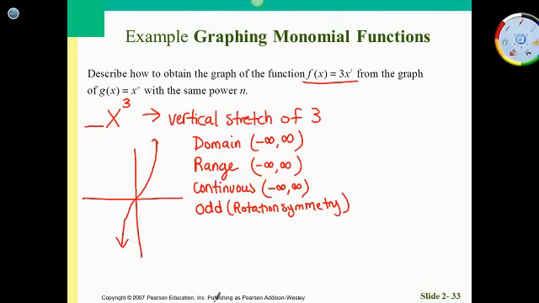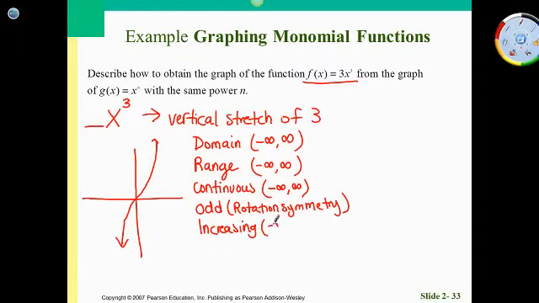Okie dokie. Let's see. Is this increasing, decreasing? If so, where? Where is it increasing and decreasing? And it's increasing? And make sure we realize for increasing, decreasing, this is left to right.